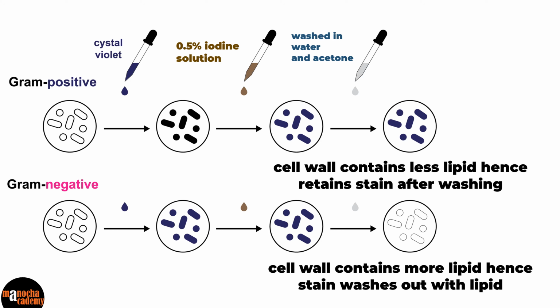But those cell walls which have very high lipid content, the lipid dissolves when the cells are washed in acetone because lipid is soluble in organic solvents. As a result of this, some of these bacteria lose the blue color when the cell wall with high lipid content dissolves, and those with cell wall with low lipid content retain the blue color even after washing.